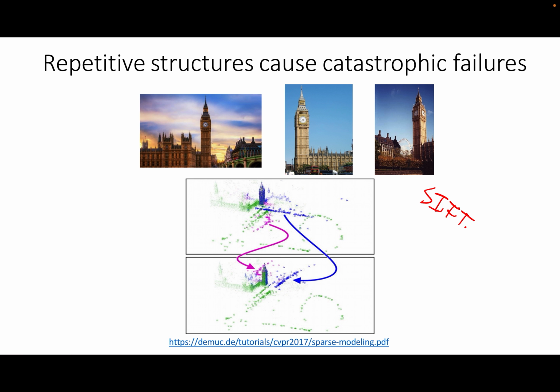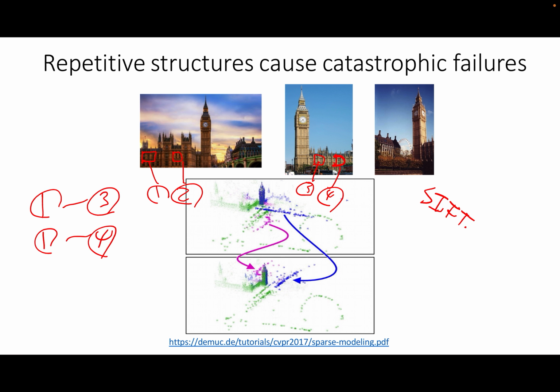That means, for example, this patch and this patch might look almost the same, right? This one, this one, this one, this one, 1, 2. There can be matches between 1 and 3, 1 and 4, 2 and 3, 2 and 4, because they look almost the same.